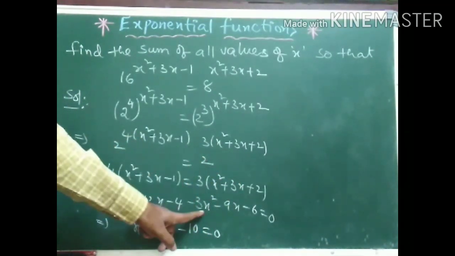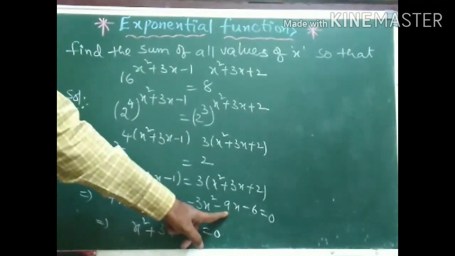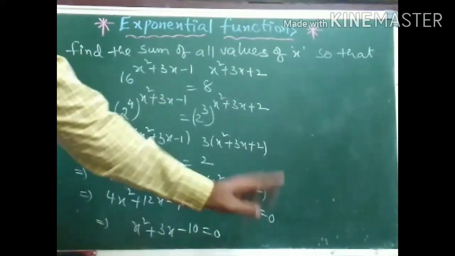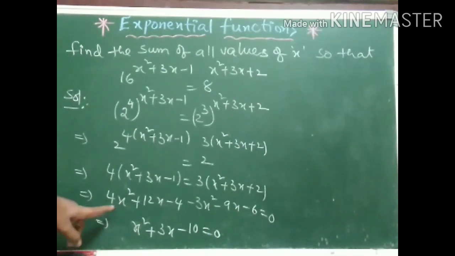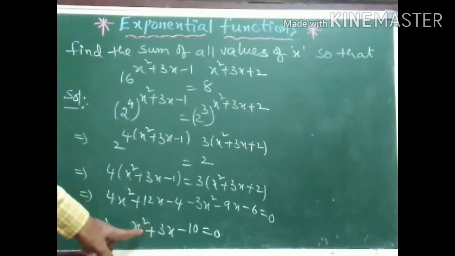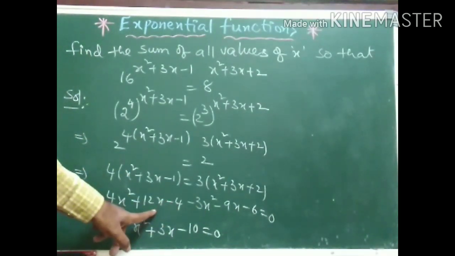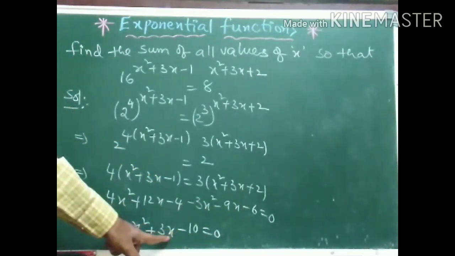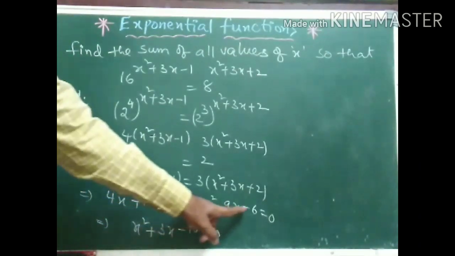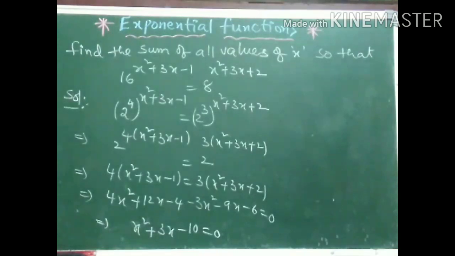Hence minus 3x square minus 9x and minus 6 is equal to 0. Now 4x square minus 3x square is x square, 12x minus 9x is plus 3x, and minus 4 minus 6 is minus 10, equal to 0.